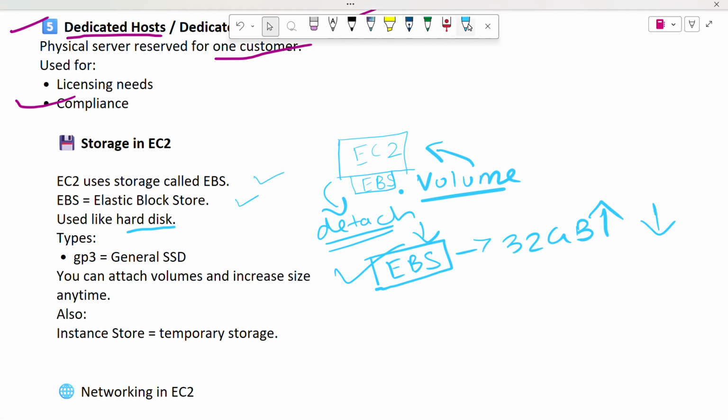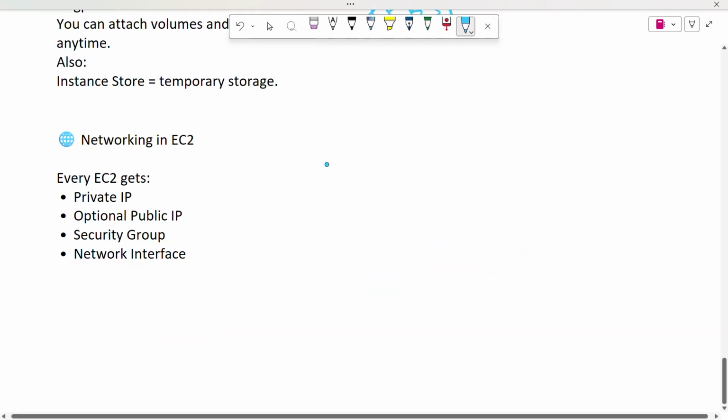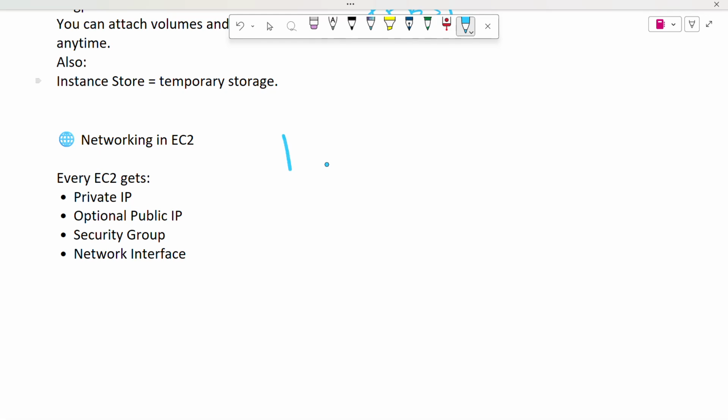Let's go ahead to networking. When it comes to EC2 instances, as I mentioned, every EC2 instance comes with an EBS, that is Elastic Block Store, for data storage. EC2 will also come with a private IP.